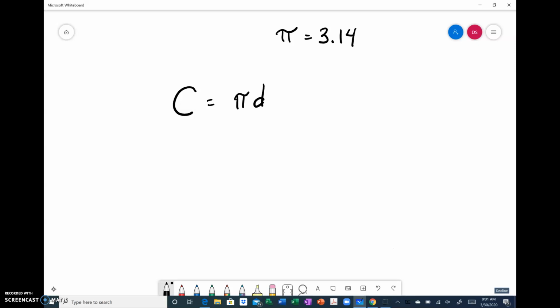Okay, so the circumference of Mercury, into the calculator you would type 3.14 times the diameter of Mercury. So how do we know what the diameter of Mercury is? Well, you will need to have your book out as well.